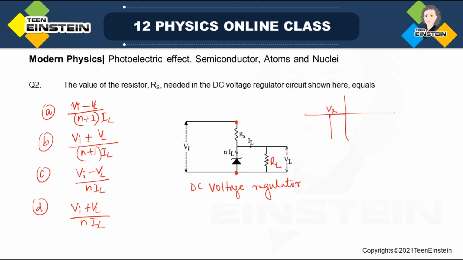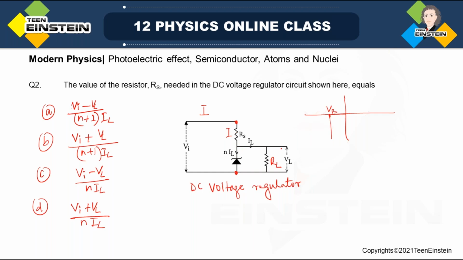Okay, so how is this input voltage connected? This is connected in series with this RS and this Zener diode. Suppose it is sending a total current I, so total current I is flowing through RS also. It is getting branched into two parts.